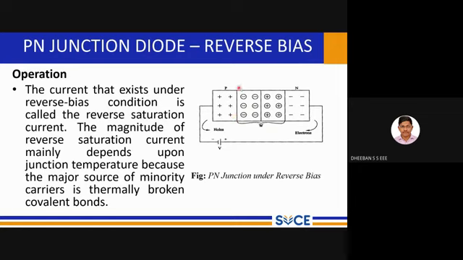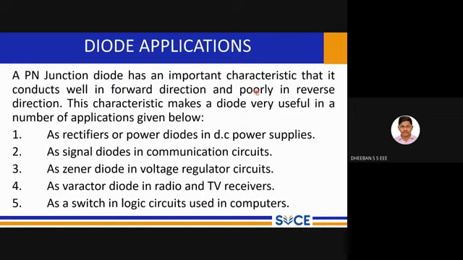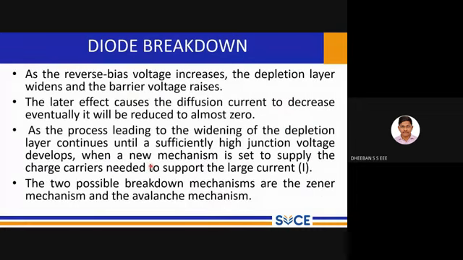After a particular point, there exists a drop across this depletion layer, and if this drop is very high, then there occurs a breakdown. That's what they're saying here: until a sufficiently high junction voltage develops, a new mechanism is set to supply the charge carriers. The new mechanism is nothing but the breakdown.